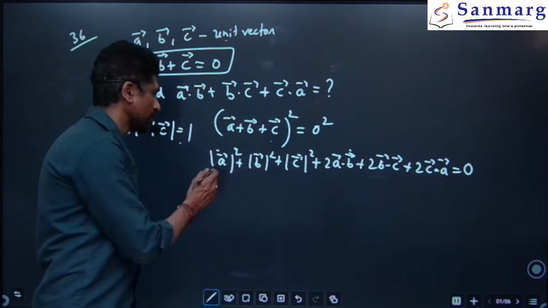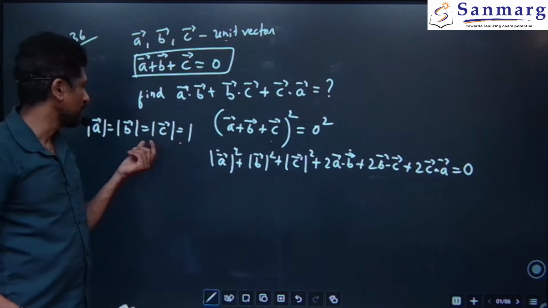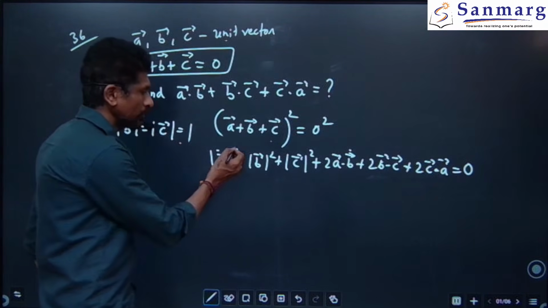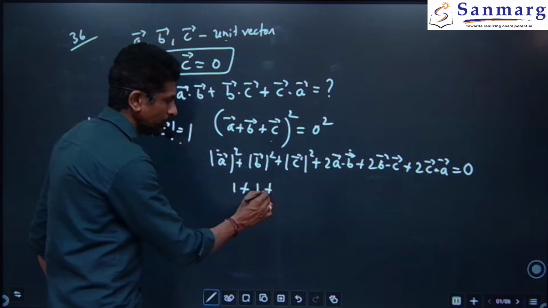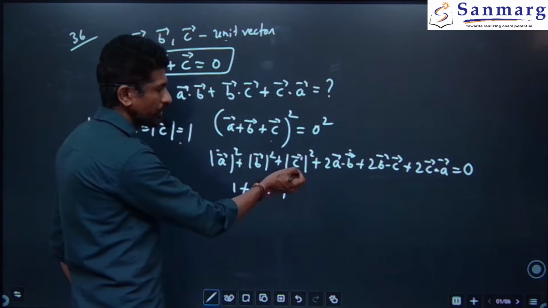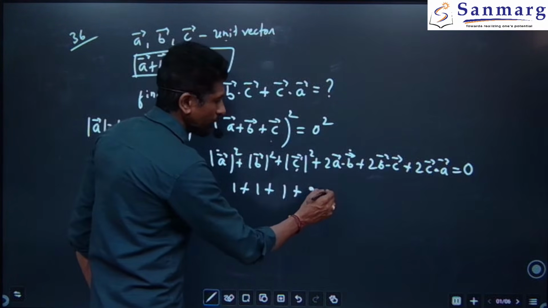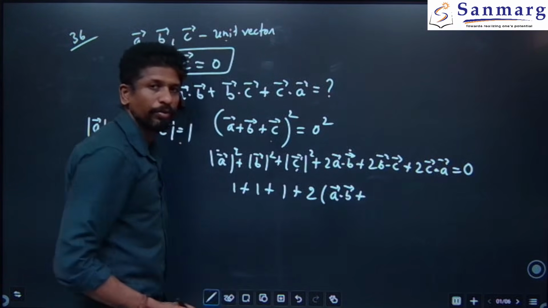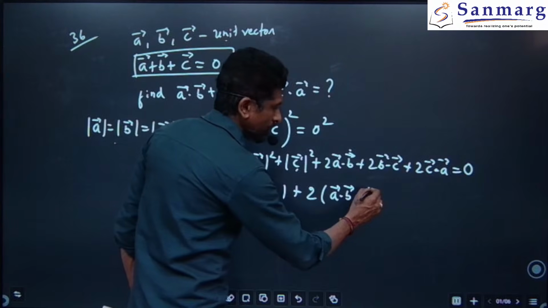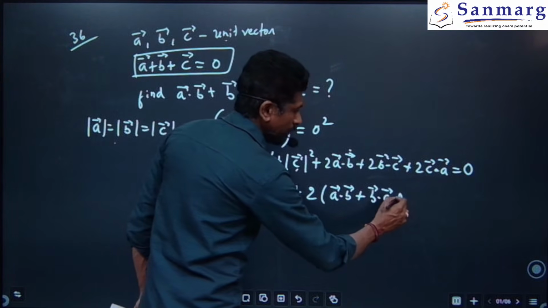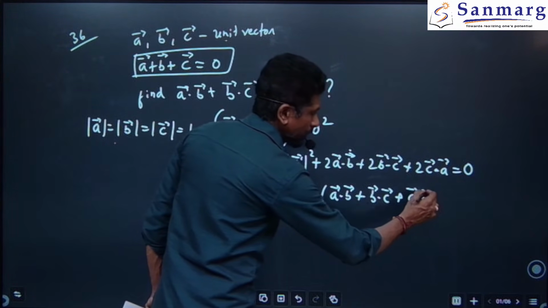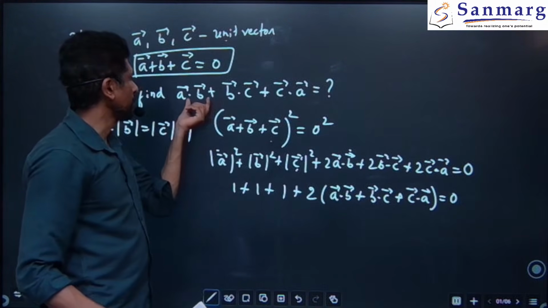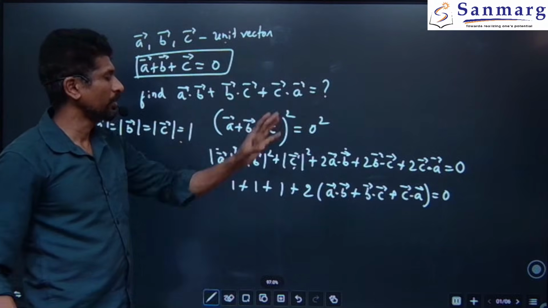Now, the magnitudes of A, B, C are nothing but 1, because they are given as unit vectors. So 1 square is 1, and the magnitude of C square also becomes 1. Taking 2 as a common term, in the bracket A dot B, B dot C and C dot A are left, equal to 0. Now you have to find this A dot B, B dot C and C dot A itself.